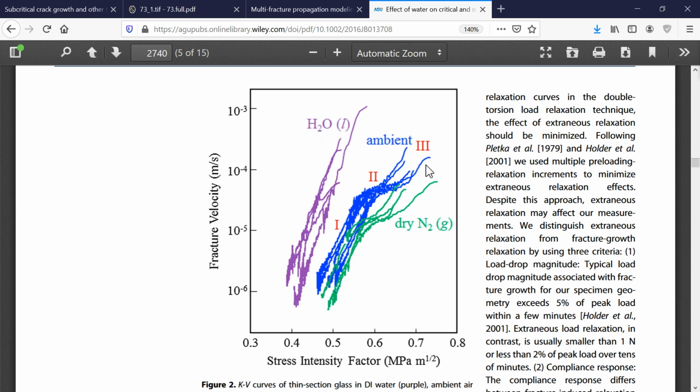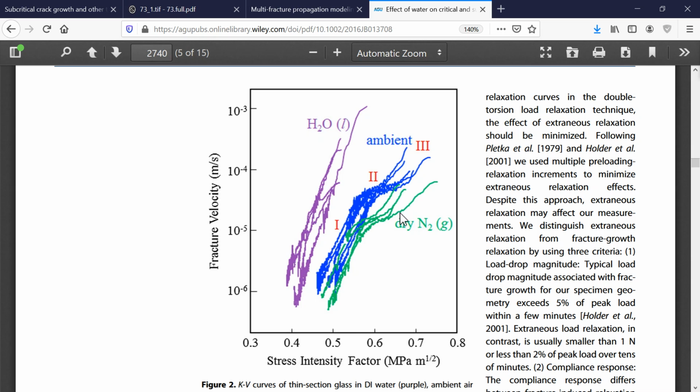you have the rock. And what we see in this example is that if you were to have a dry environment, non-corrosive environment like nitrogen, the toughness of the rock is going to be higher, and the subcritical index appears to be also a little bit less, and we will have this region 2 a little bit more well defined.